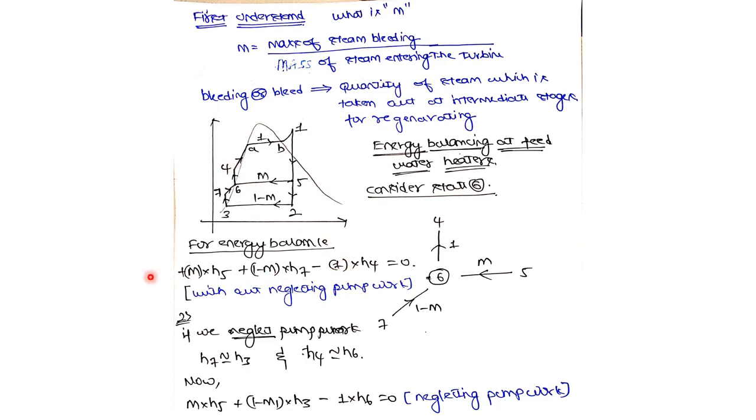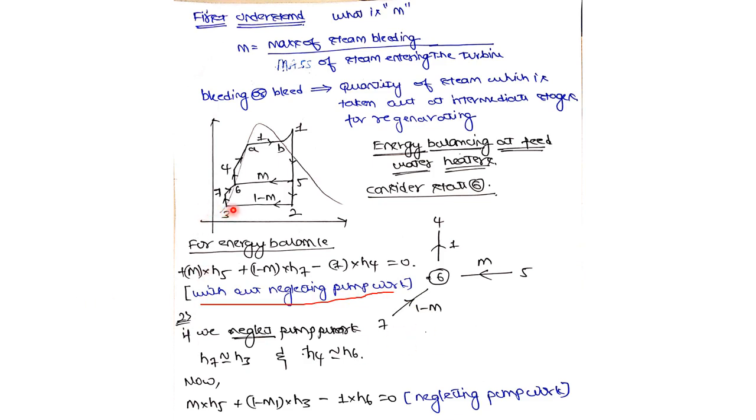Now, in most of the problems in fact, the problem will specify that you have to neglect the pump work. What are the changes if you neglect the pump work? Pump work is from 3 to 7 and 4 to 6, is it?